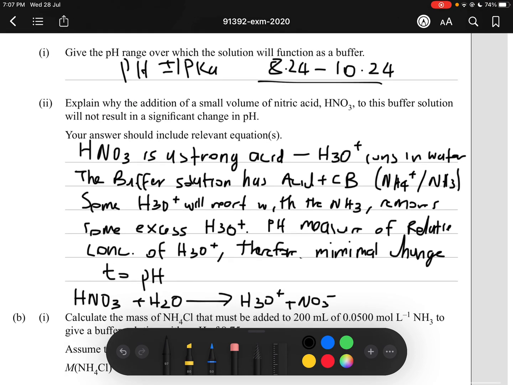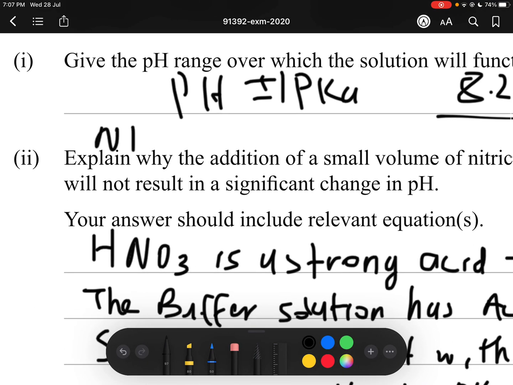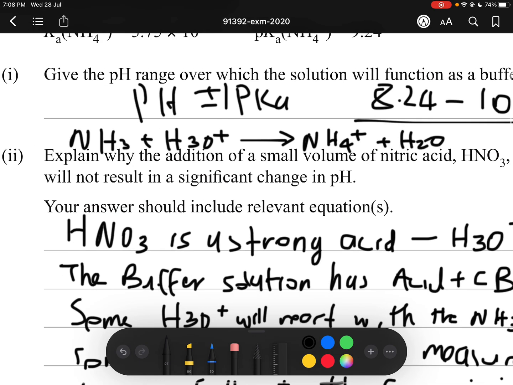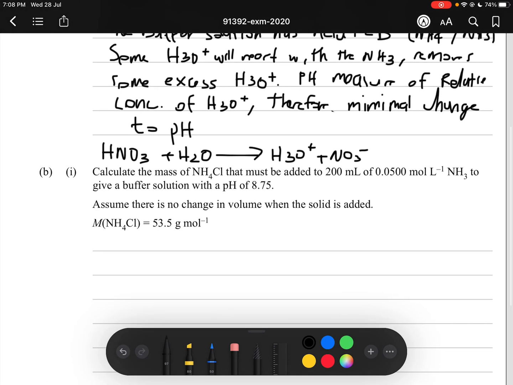So we have NH3, and if we add that to hydronium, that's going to give us a neutralization reaction. We are going to get NH4 plus and H2O. So as you can see, some of the hydronium ions is going to be removed. Therefore, this will not result in a significant change in the pH.